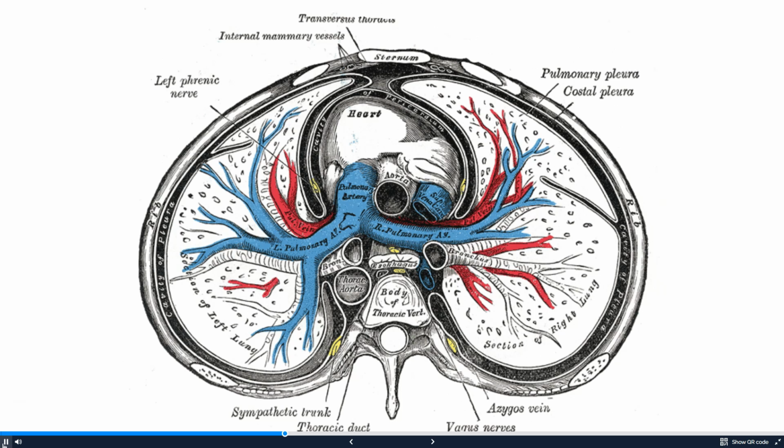You can see the pulmonary arteries, depicted in blue here, branching left and right and going to either lung, as well as the superior vena cava, which has been cut open. The red that we can see coming from the lungs is the pulmonary veins that will be leading back into the heart. Also notice that there's a space around the heart, which is the pericardial space, which is adjacent to a similar space that surrounds the lungs called the pleura.